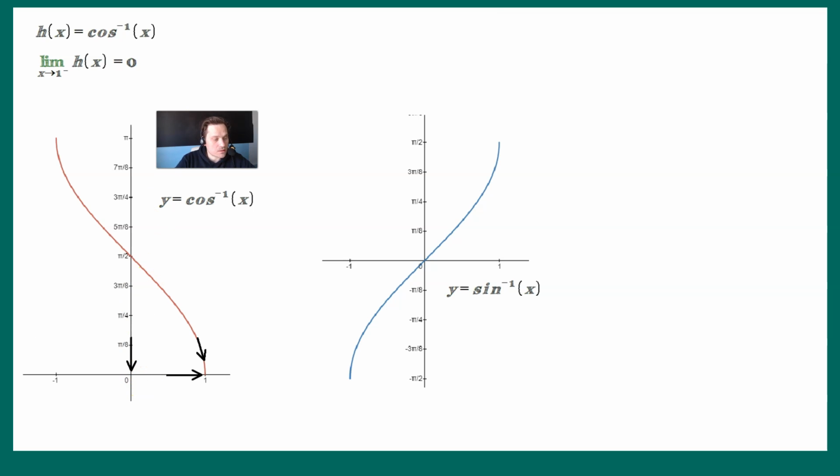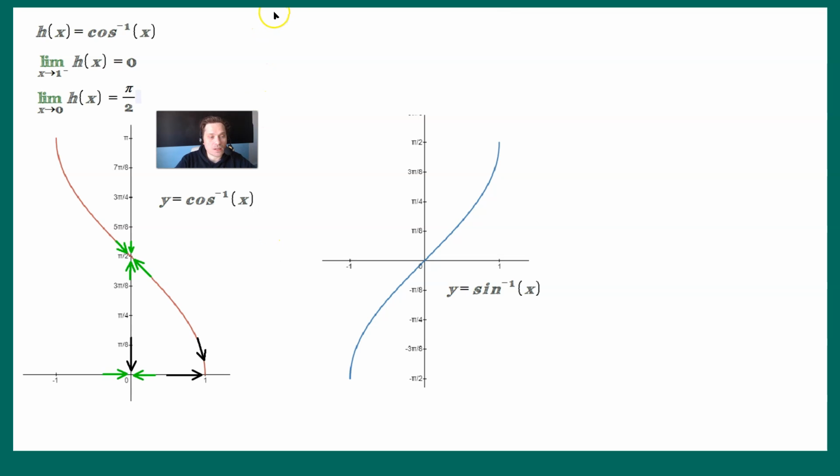Another limit that we can do here, I'm going to do this one in green. When x approaches 0 from the right side, the points along the graph move this way. When x approaches 0 from the left side, the points along the graph move this way, which means that the corresponding y coordinates move towards pi over 2, from below and above pi over 2. So I can make the following claim: the limit as x approaches 0 of h of x is equal to pi over 2.